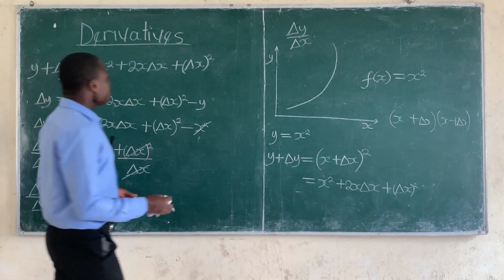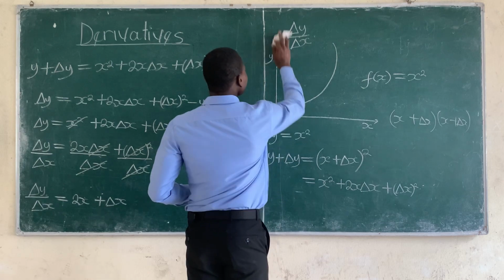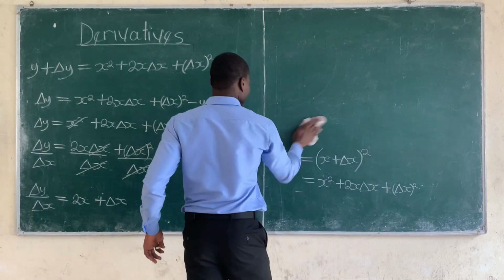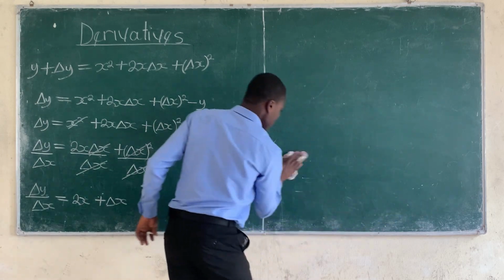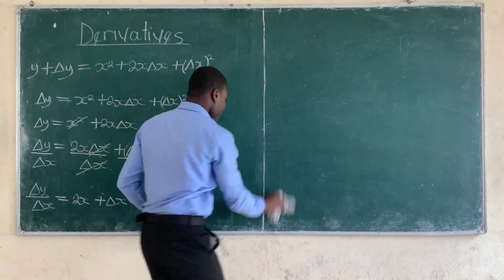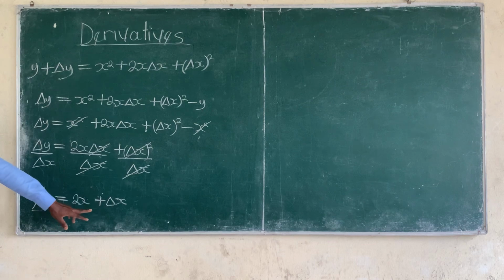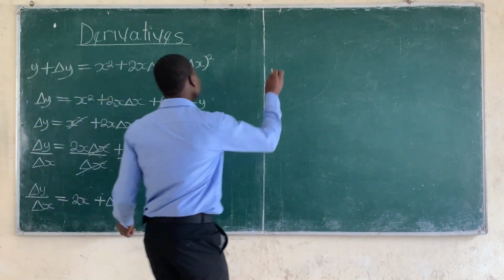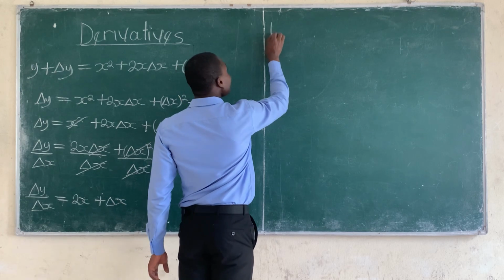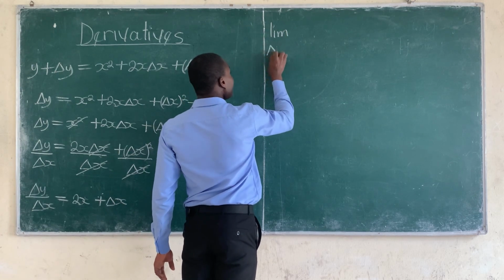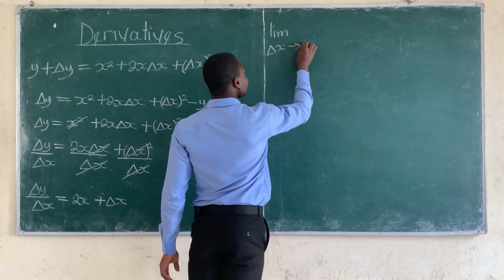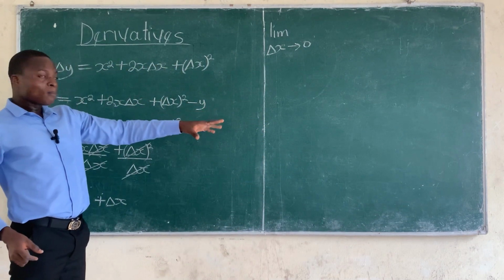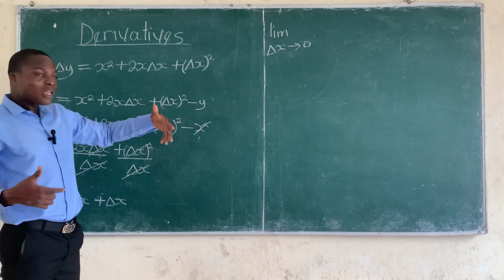So let's take the limit. Remember, to get rid of this increase in x here, we take the limit as increase in x approaches 0. Because we have seen from that curve, if we are to find the slope, the increase in x will tend to get closer to 0.